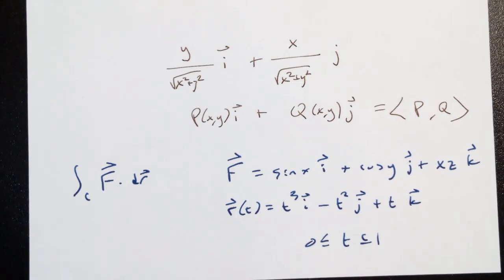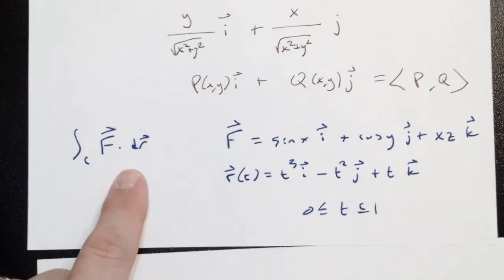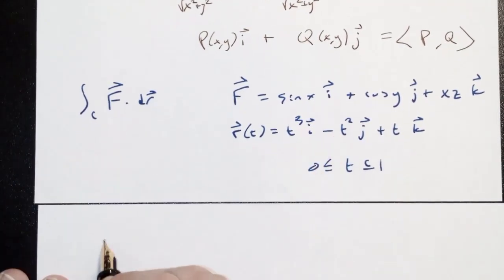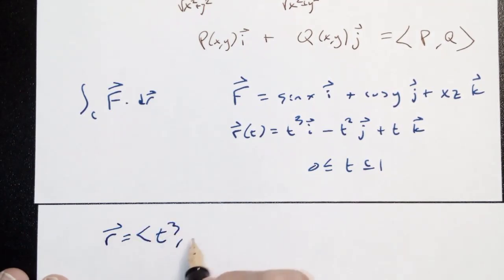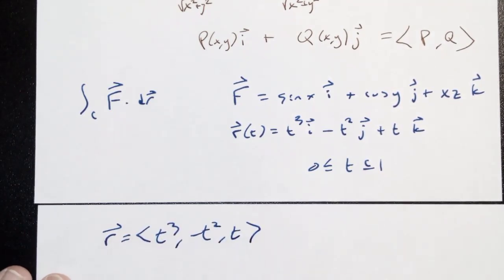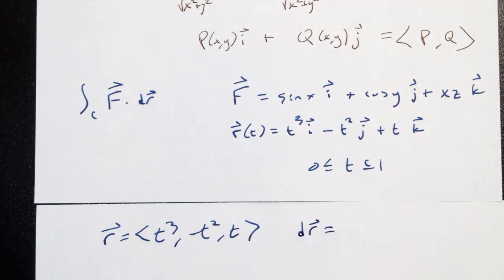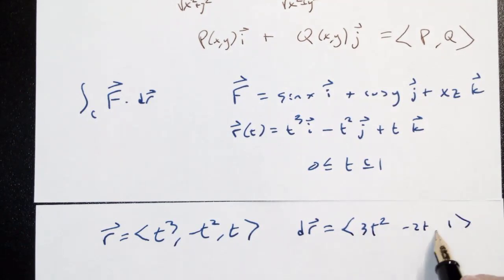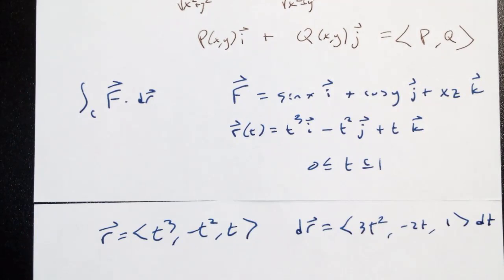Best part about this, I'm going to turn the entire thing into an integral in t. dr means take the derivative of r. So as a vector, r is t cubed, minus t squared, t. Yes? So what's the derivative of that? dt. Right? That would be dr/dt. I just moved the dt to the other side. F is in terms of x and y and z, right?